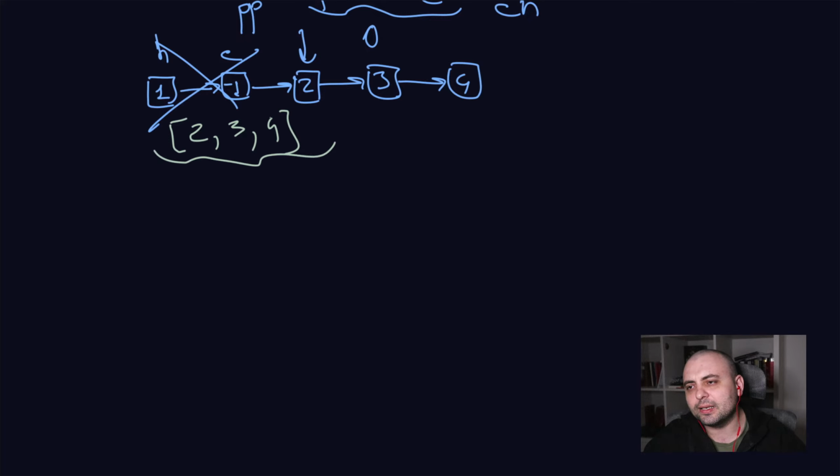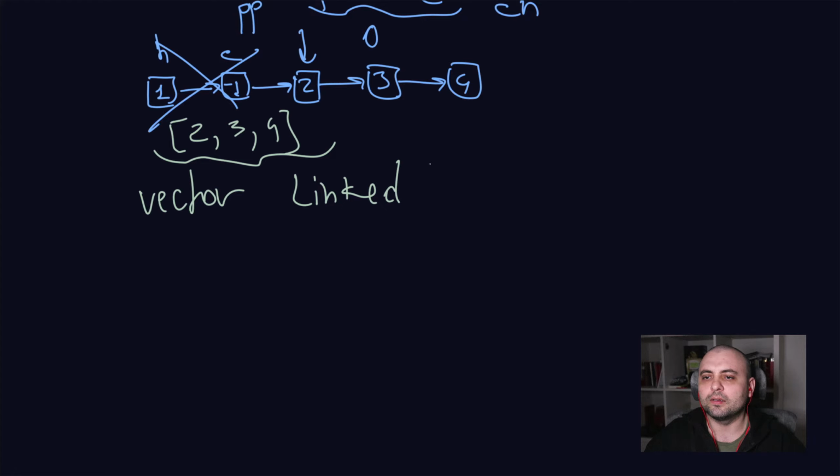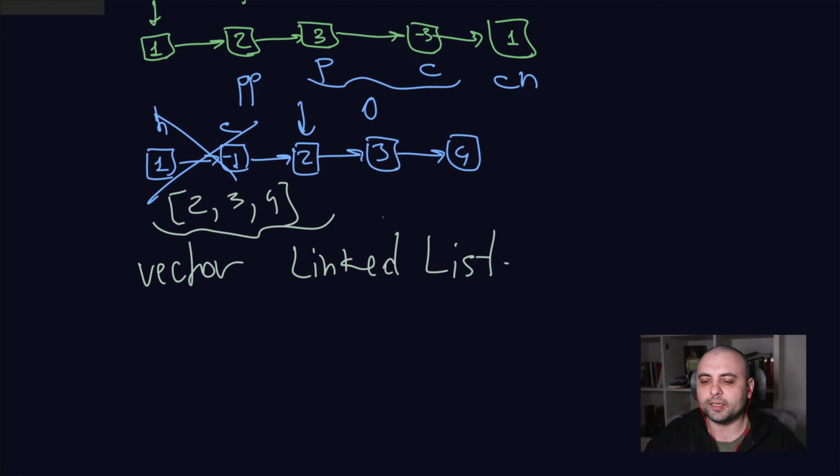So let me first keep using this stack, generating the end result, and then transforming this vector into a linked list and returning it. I feel like that would be the most optimal way to solve it.